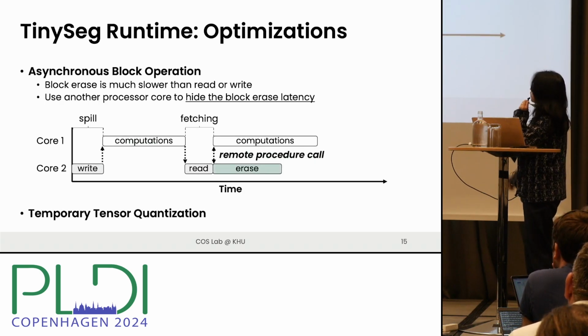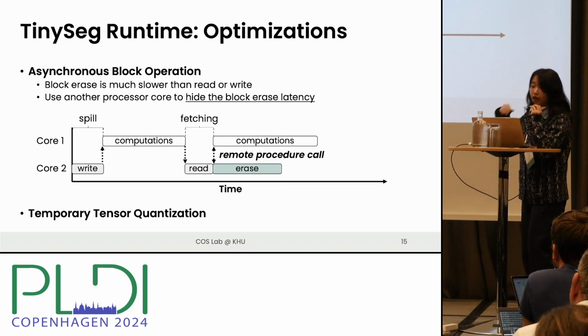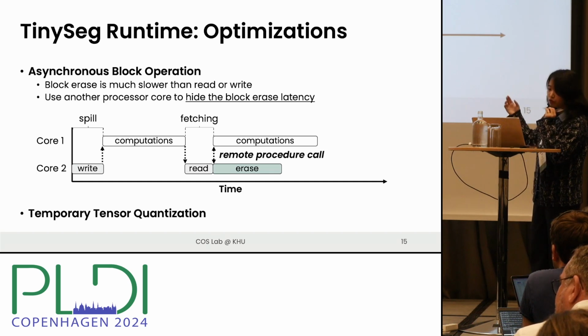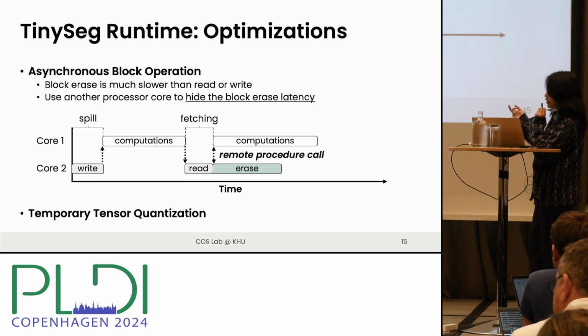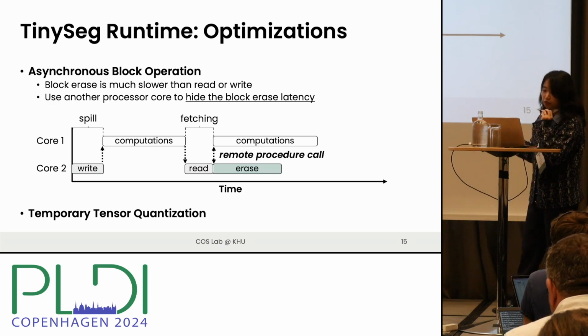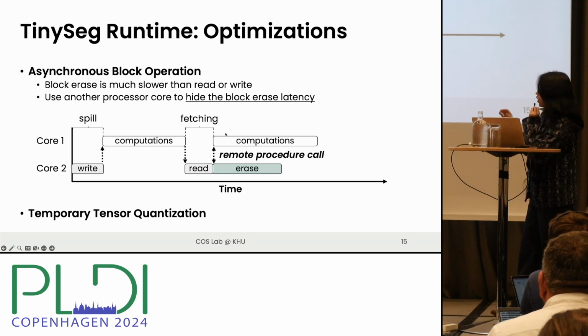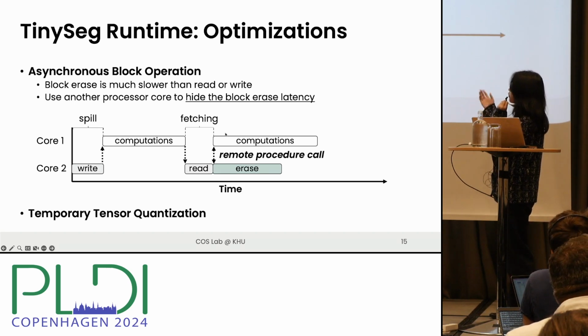And the second optimization is asynchronous block operation. When the tensors are spilled into the local flash memory, the flash blocks have to be erased first to be written. Here, block erase takes much longer than read or write.